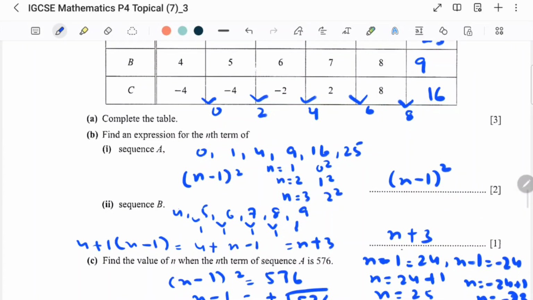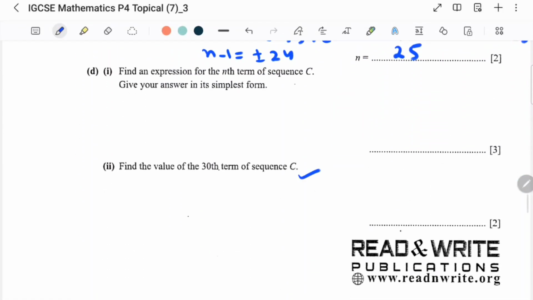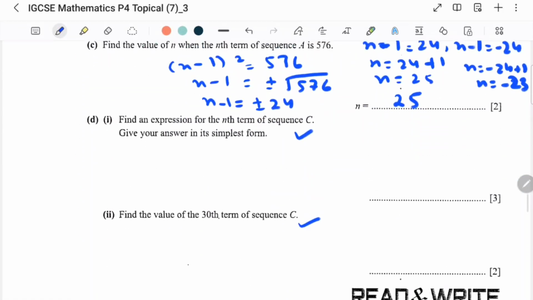That is minus 4, minus 4, minus 2. Okay, for C, they are asking you to find the 30th term in the next part. So here they're asking you to find the nth term of C. What is C?